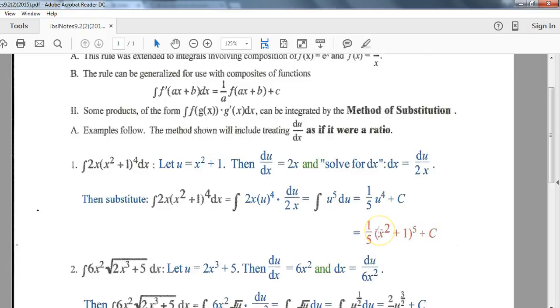This is very doable without u substitution. The benefit of u substitution is to help people organize their terms and what goes where. So here's how u substitution works. Let's try to do a little simplifying: here's our interior function, so we're going to let u equal x squared plus 1. That's what we identify first, letting u equal that interior function.